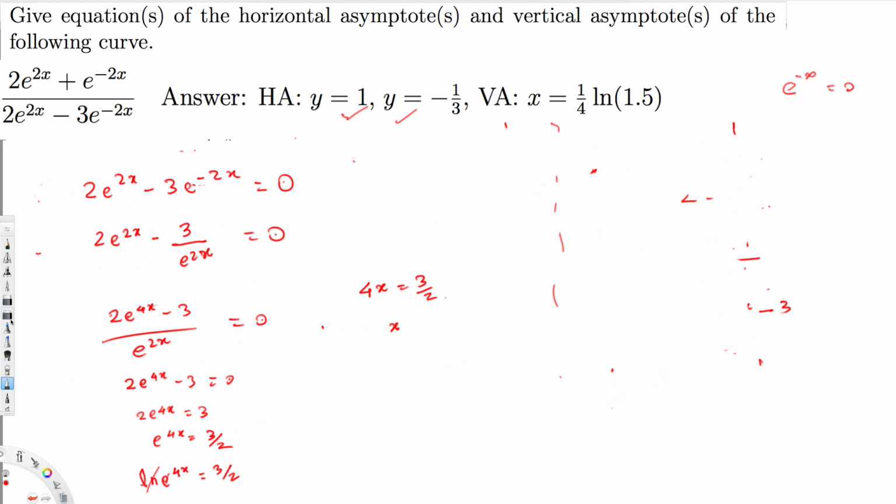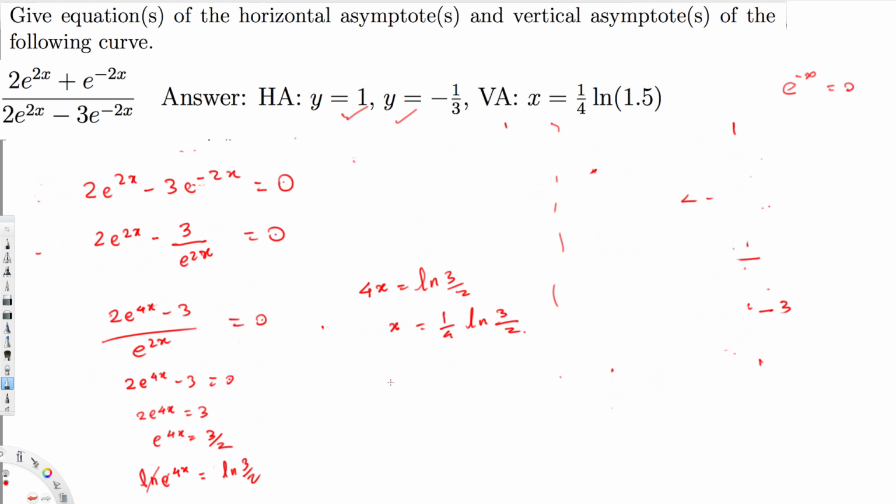Then x is equal to 1 over 4 ln 3 by 2. That's the x answer.